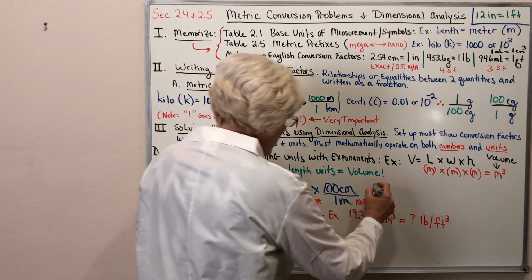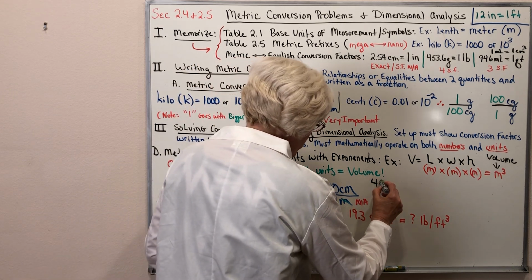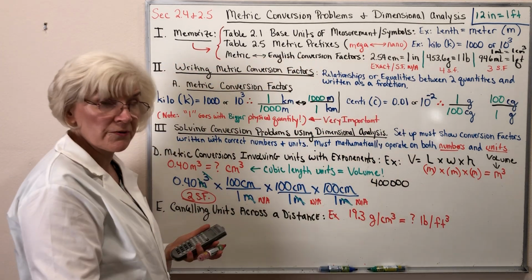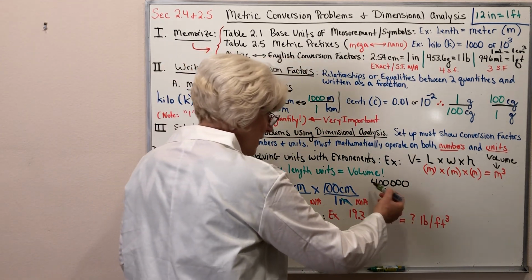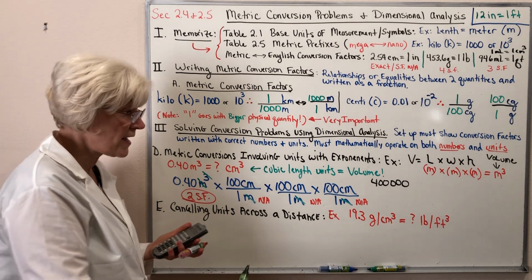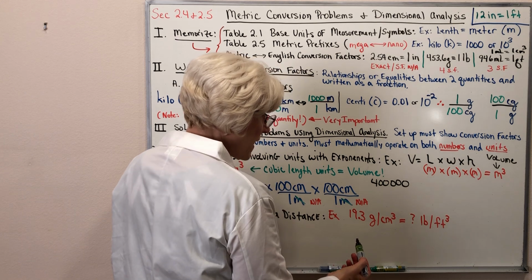My calculator is showing, and let's write it here, 400,000. Lots of zeros here. And a reminder that we're not sure whether those zeros are or are not significant if they're to the left of an implied decimal point.